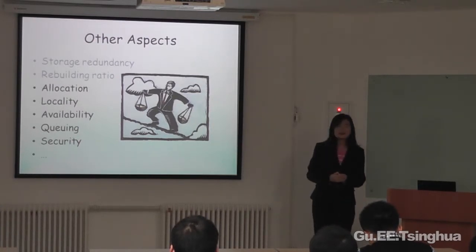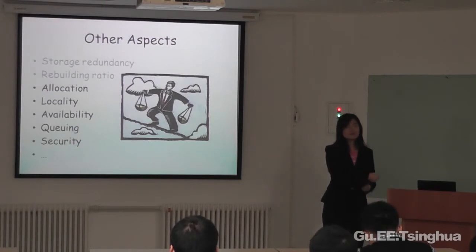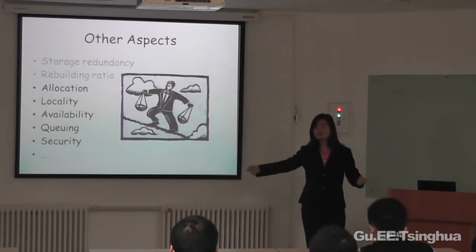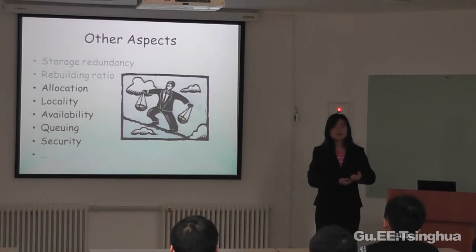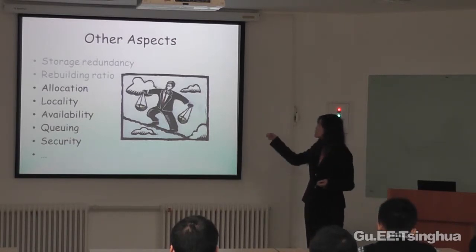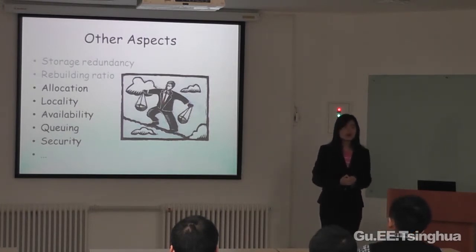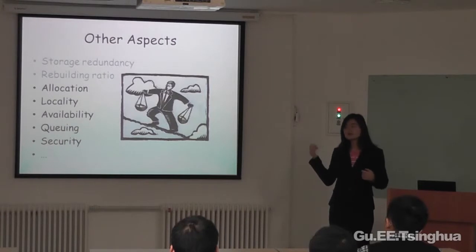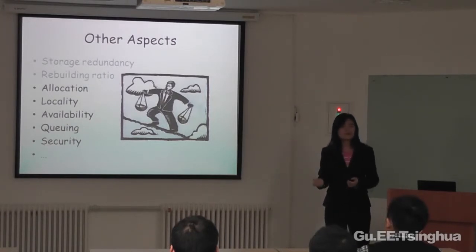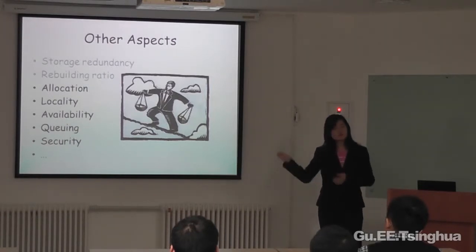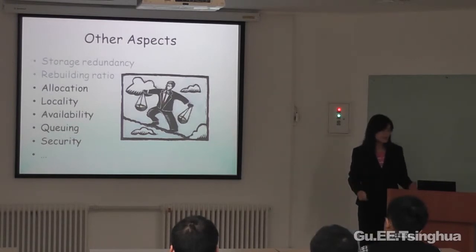And then there is a queuing problem, which means the users request files from the nodes, and the nodes have a queue in front of them trying to serve all the users. And in the end, there are also security problems. That is, if you have eavesdroppers or adversaries, then what is the ratio in that case, and what is the storage in that case?